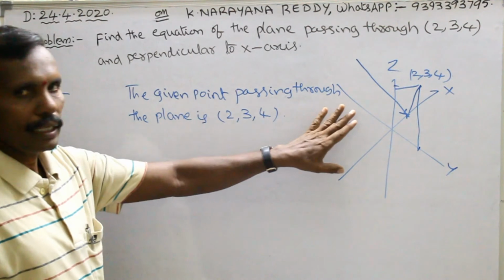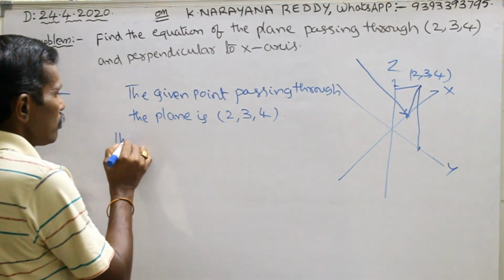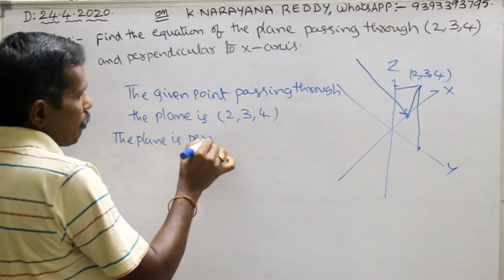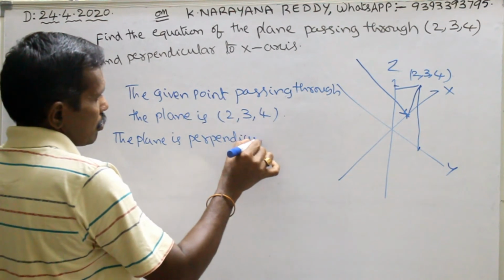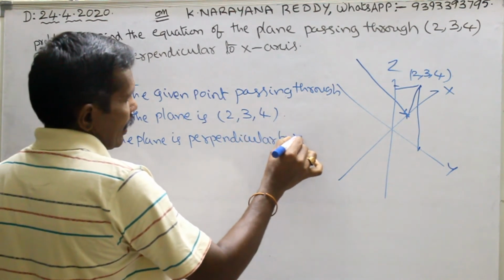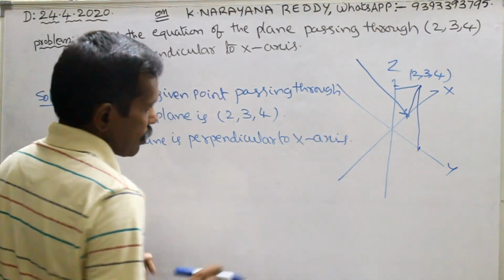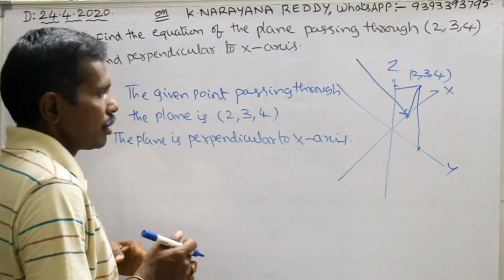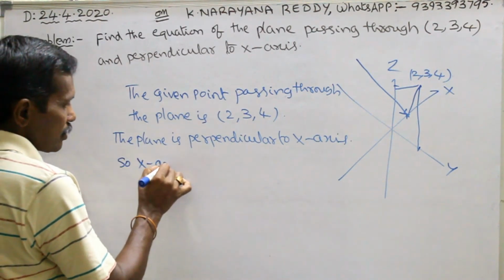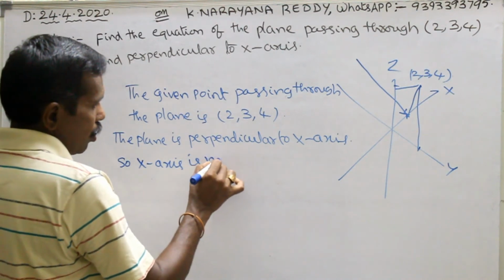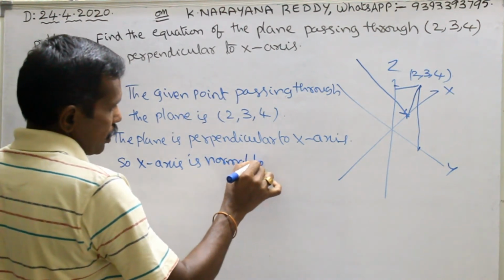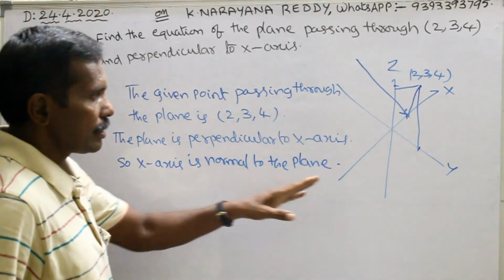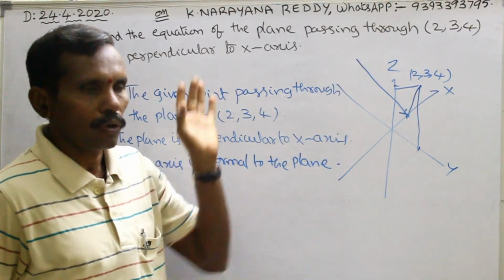This plane is perpendicular to the x-axis. Perpendicular means what? It's nothing but normal. So the x-axis is normal to the plane. It's nothing but perpendicular.